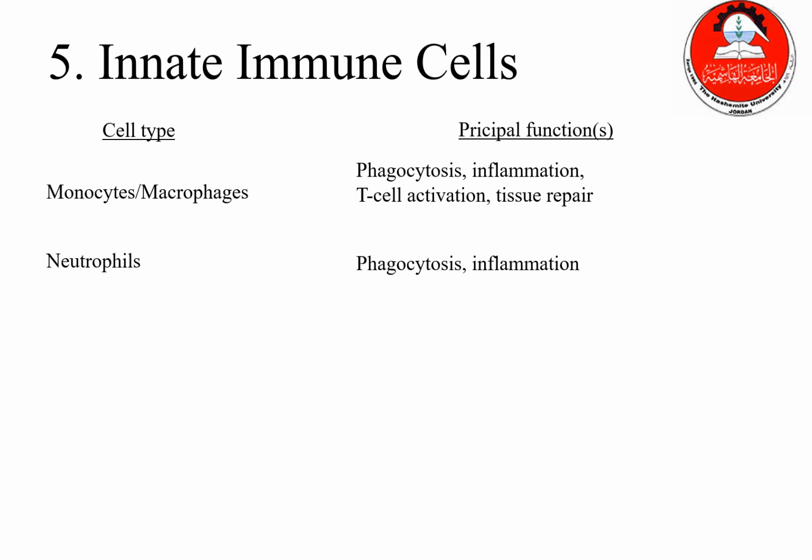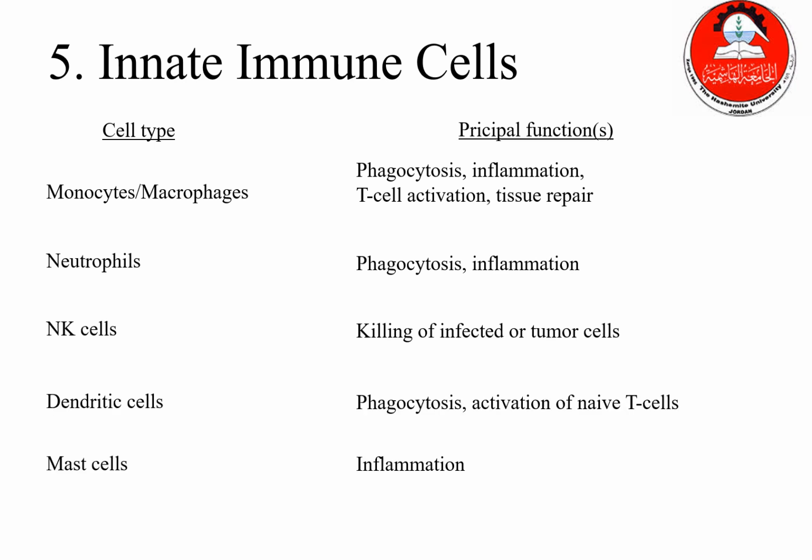Innate immune cells that play a role, we have the monocyte macrophages, and their principal function is phagocytosis, inflammation, T-cell activation, and tissue repair. So for monocytes and macrophages, they circulate in the blood for up to 8 hours.